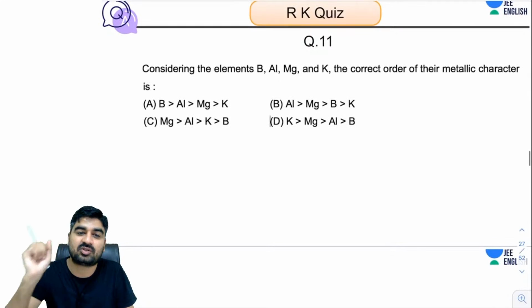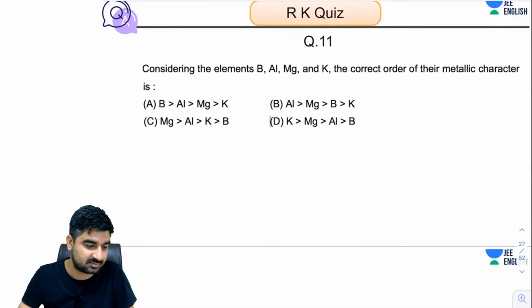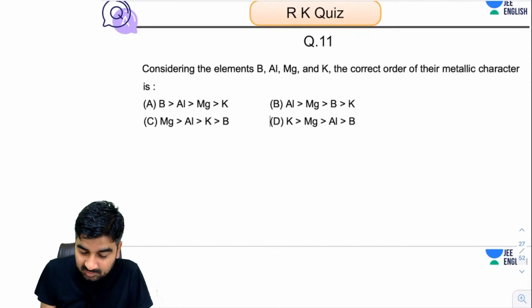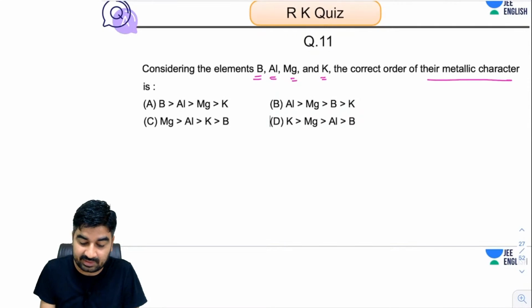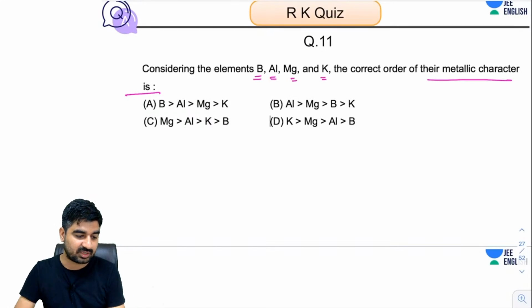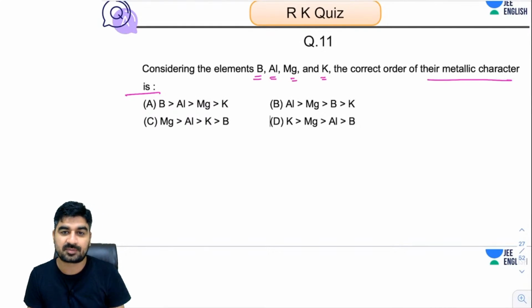Question number 11 on your screen. Considering the elements boron, aluminium, magnesium and potassium, the correct order of their metallic character. Very easy. You can answer it.